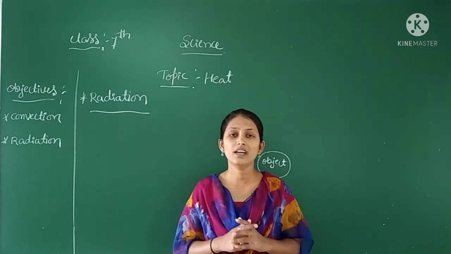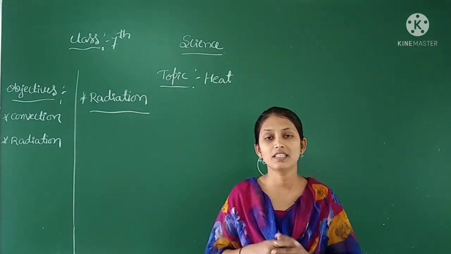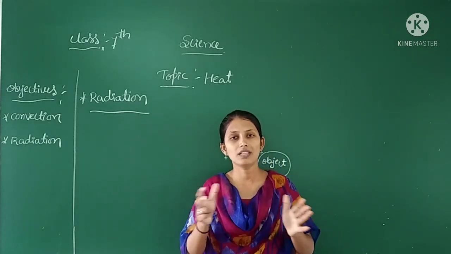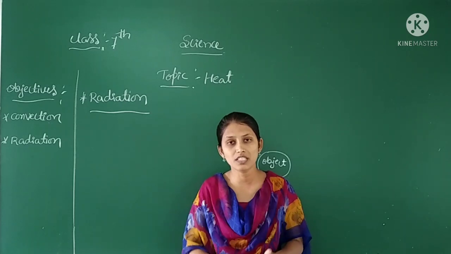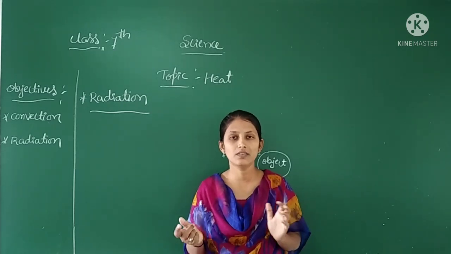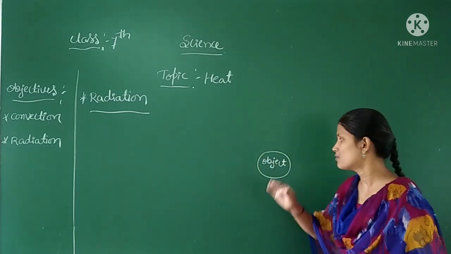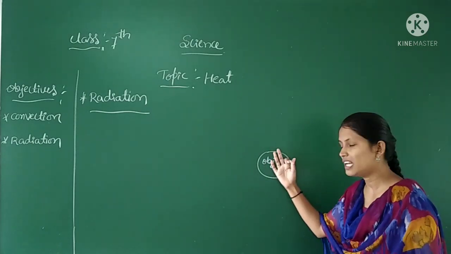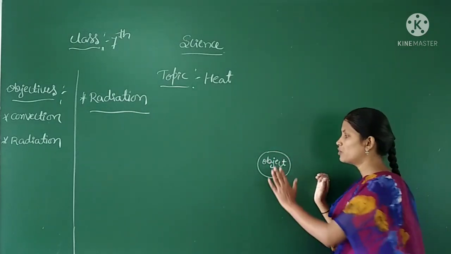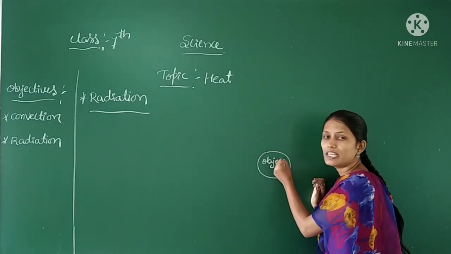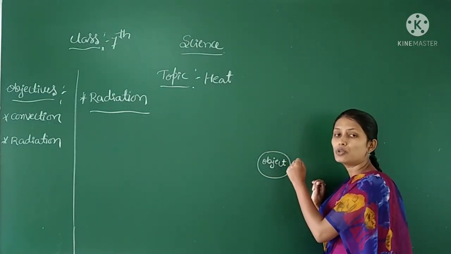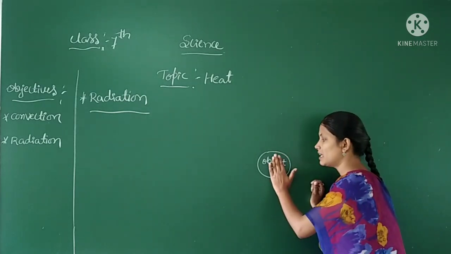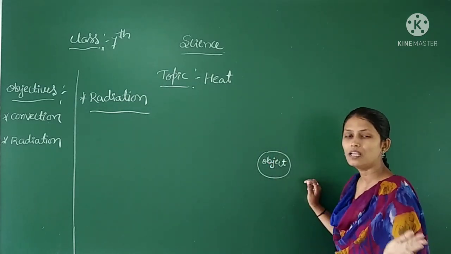Dear children, all hot objects are giving off heat. You might have seen that all hot objects produce heat to the surrounding. For example, when heat falls on any object, some amount of heat is absorbed by the object, and some amount of heat is reflected back.